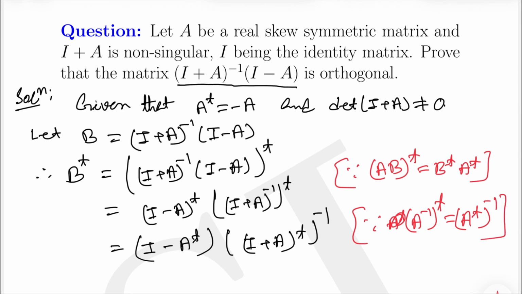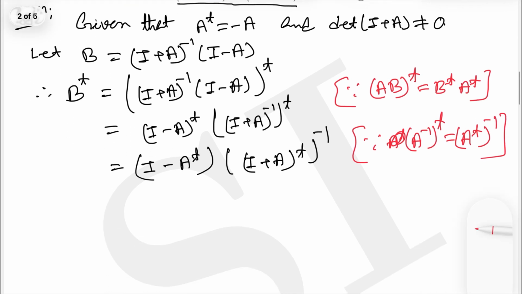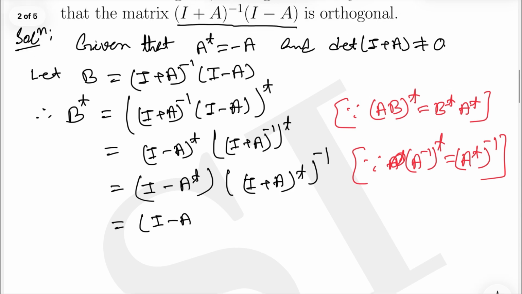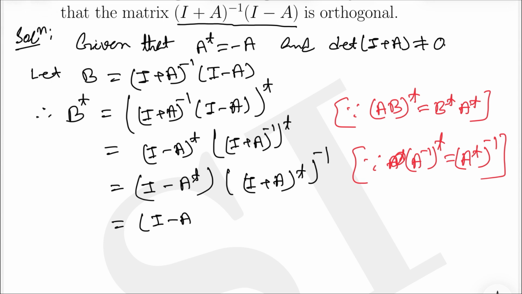So this is actually I minus A transpose. What is A transpose? Because A is skew symmetric, A transpose is equal to minus A. So if we put minus A in the place of A transpose, then we will get I plus A. And this one is (I plus A transpose) inverse.